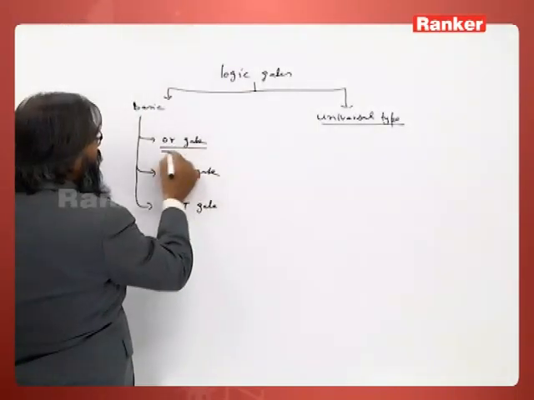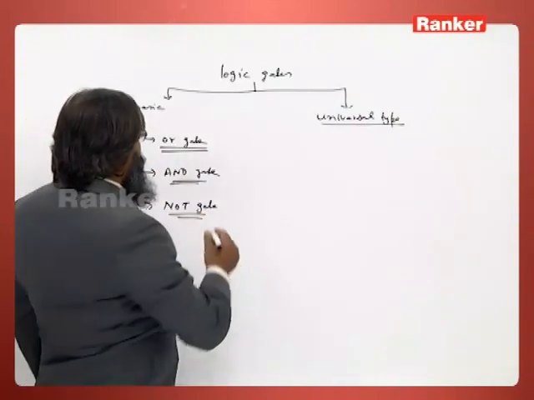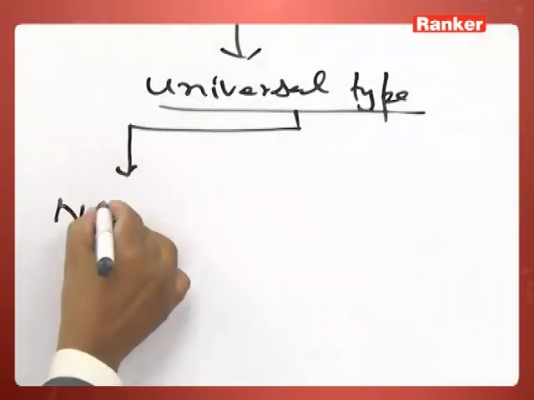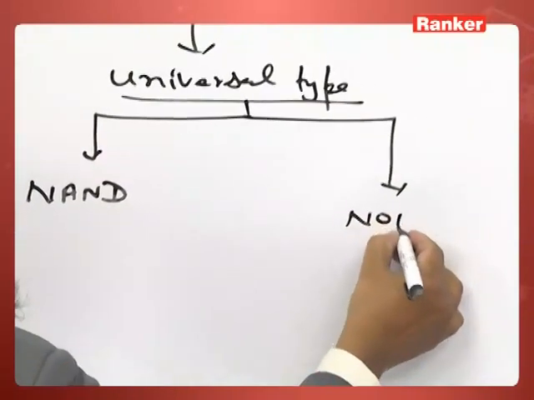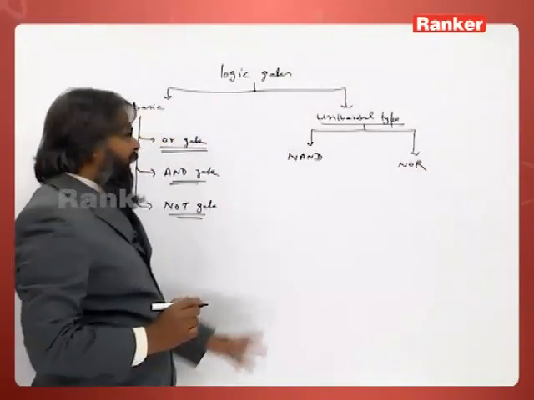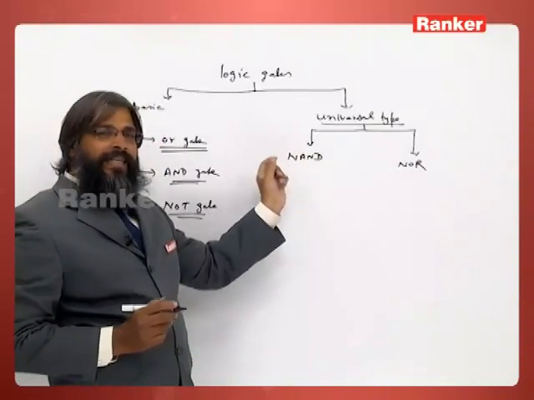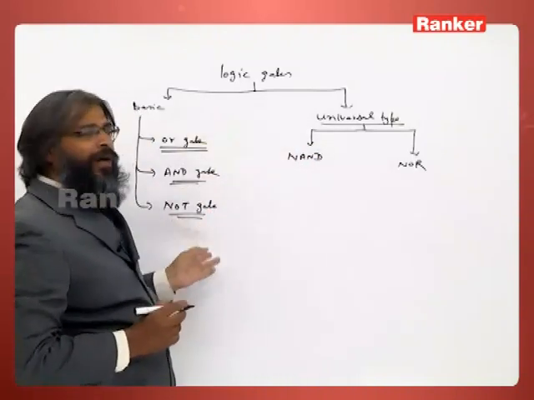These are basic building blocks. When I mix these, I get another, the NAND gate, and then the NOR gate. They are called universal because if I have only a NAND gate, I can develop all these gates. If I have a NOR gate, I can develop all these gates.